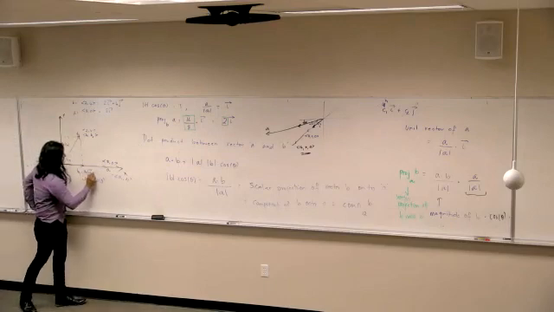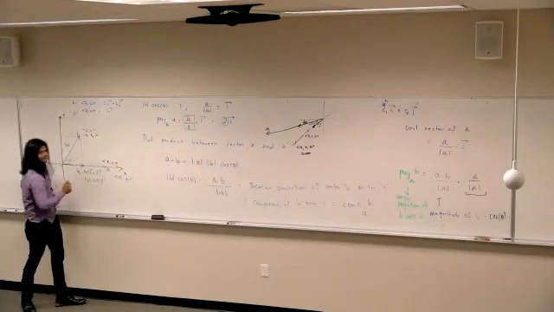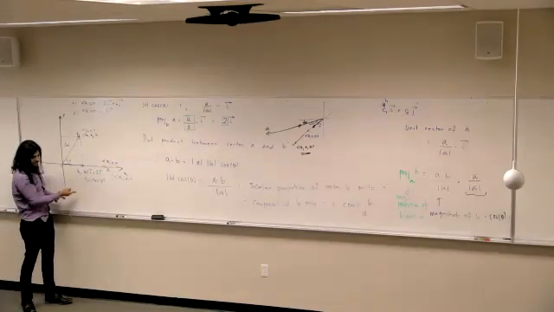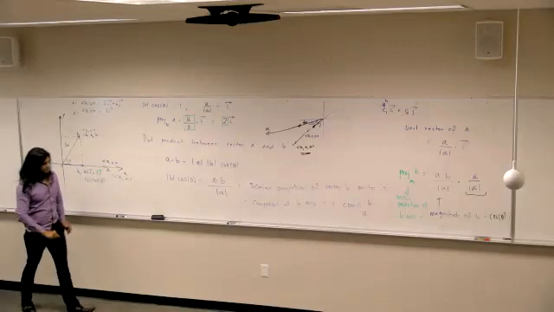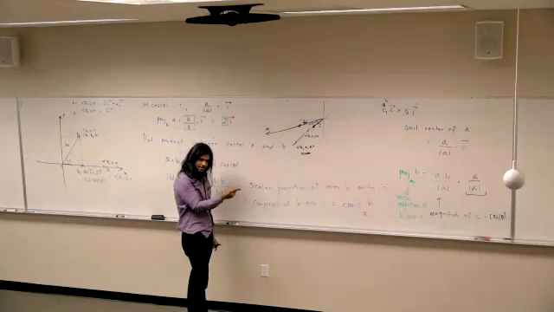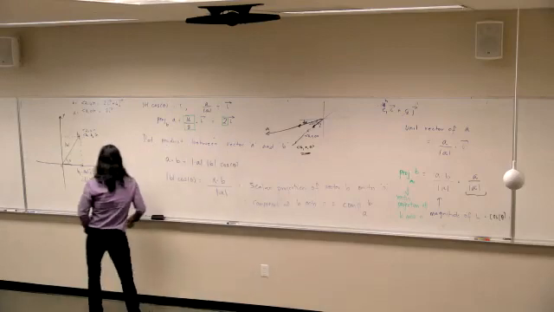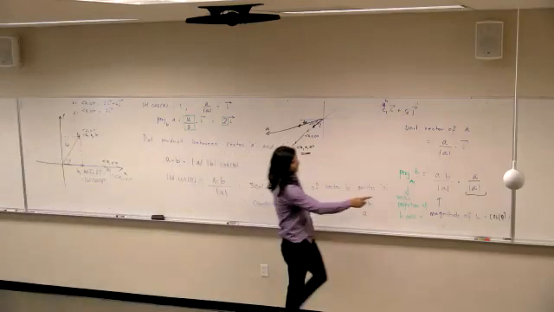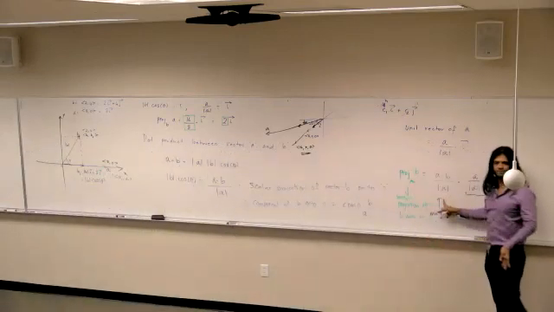So the projection of B onto A is simply the unit vector which points in the direction of A, scaled by this value right here.